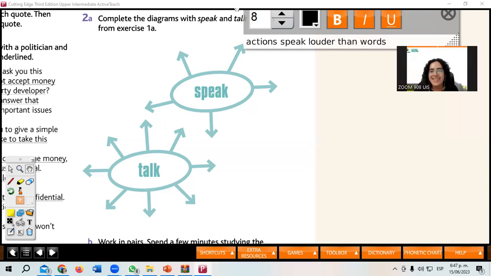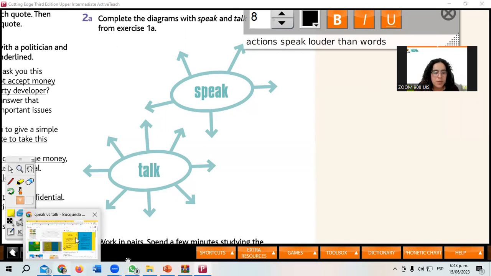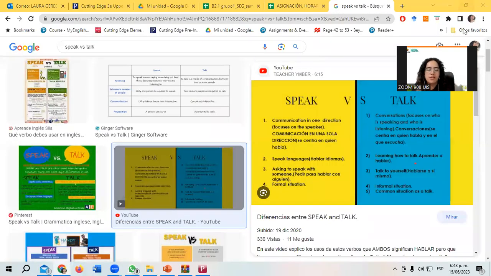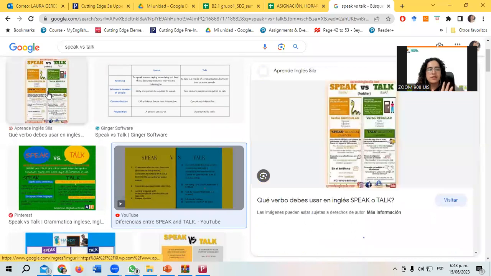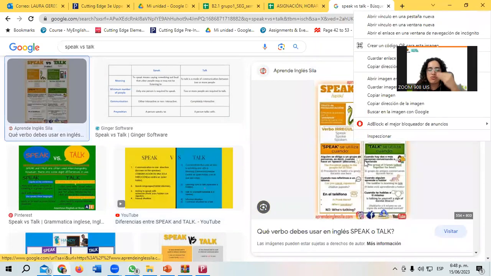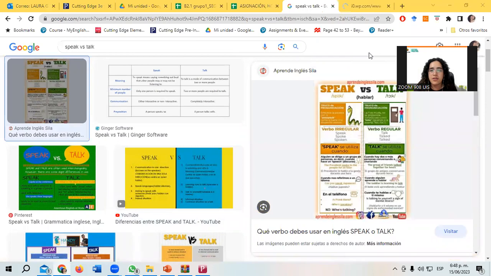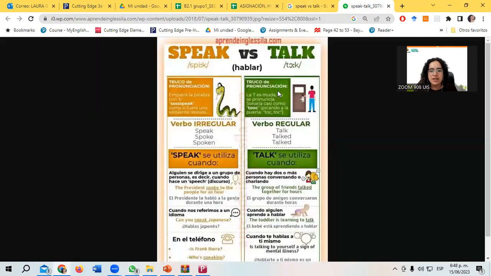Okay, let's check. And there's a question on the chat. There's no clarity when to use talk or speak. So generally, we can use one or the other, okay? In some cases, we can use just one or the other, it doesn't matter. So what is exactly the difference?